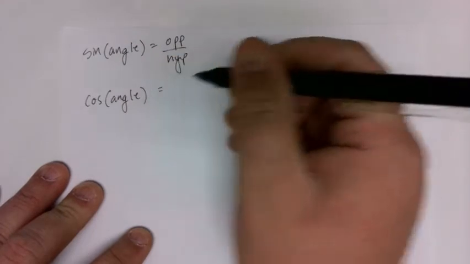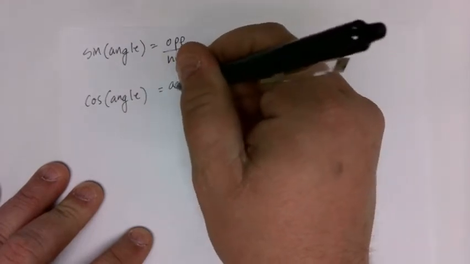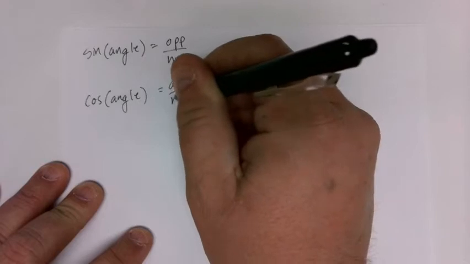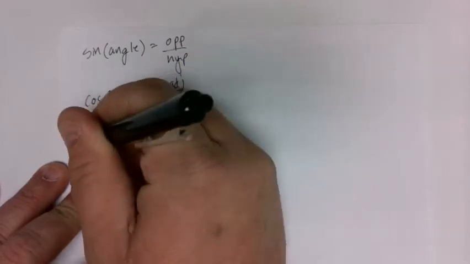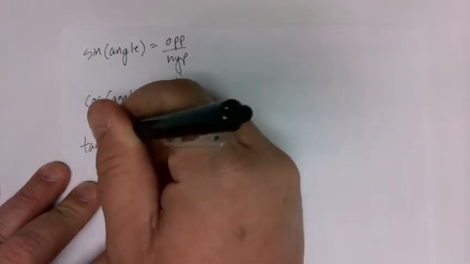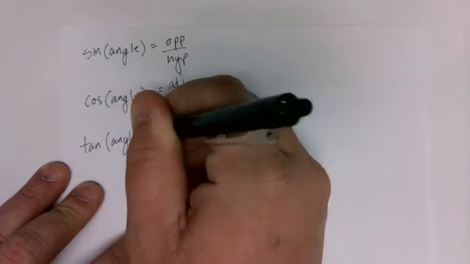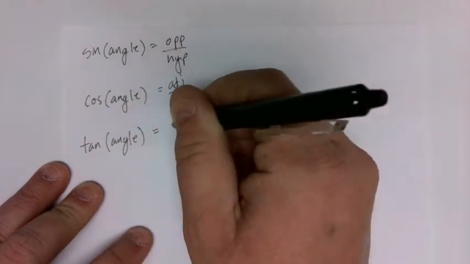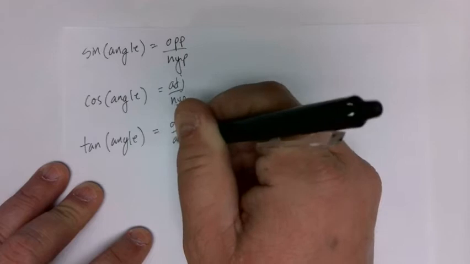That is the length of the adjacent leg over the hypotenuse. And we talked about the tangent of an angle, where the tangent of the angle is the opposite leg over the adjacent leg. And we talked about how we find missing sides of right triangles with that.